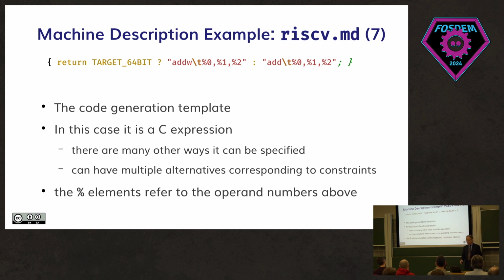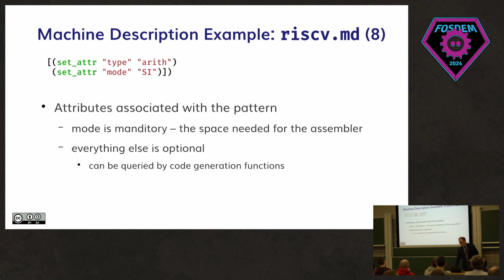If it's a 32-bit architecture, then it's just a generic add instruction. The percent elements, %0, %1, %2, refer to operand 0, operand 1, operand 2. And at the end, you can add some attributes. We're not going to worry about attributes in VAM. Attributes are useful because they're a way of tagging the instance, and sometimes you can have code generation options and optimizations that can take advantage of them.